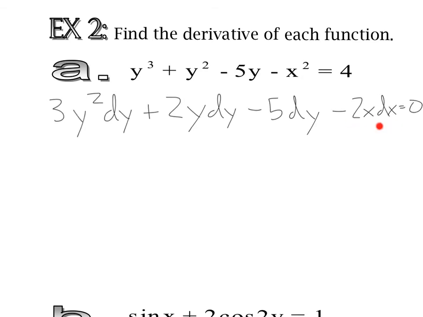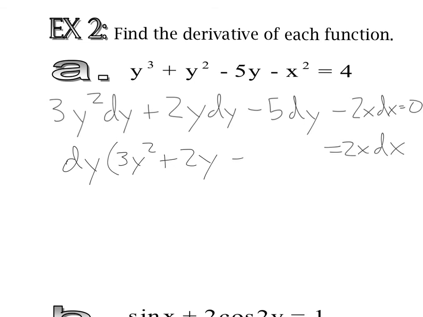Okay, this is the only one with a dx in it, so I'm going to move that to the other side by adding 2x dx to each side. And over here, all of these terms have a dy in it, so I'm going to factor out that dy. And if I factor out the dy, I have 3y squared plus 2y minus 5 left on the inside.